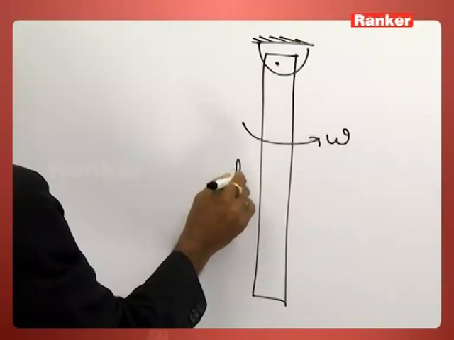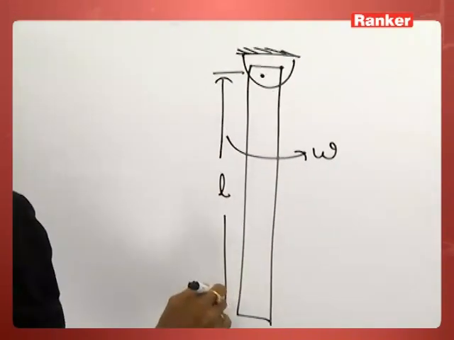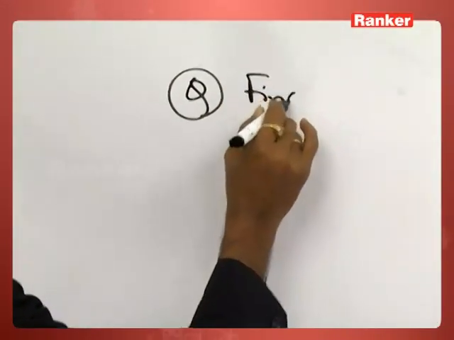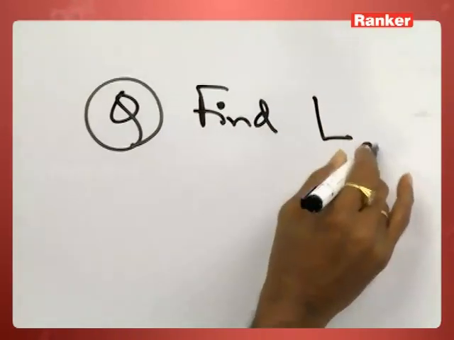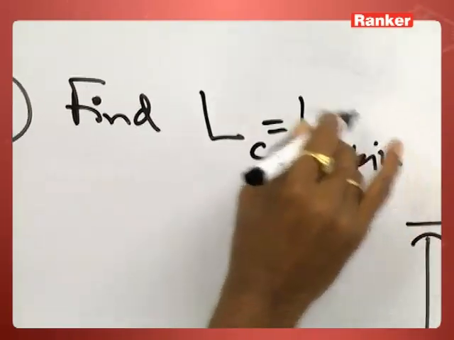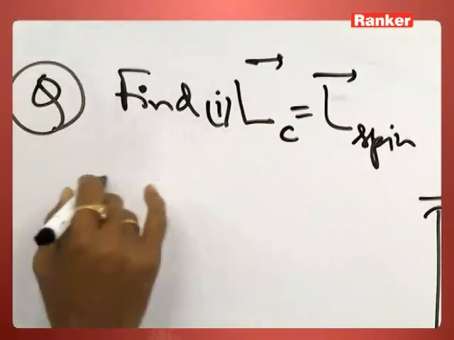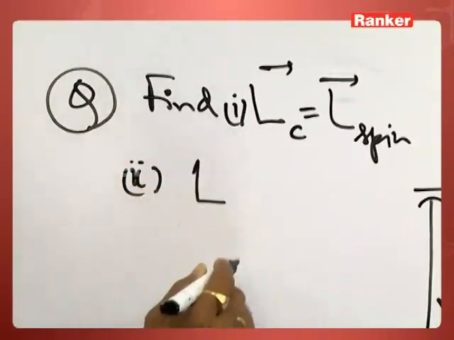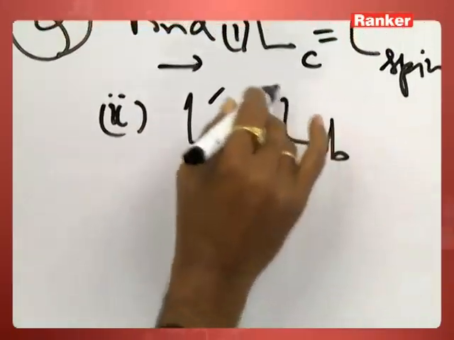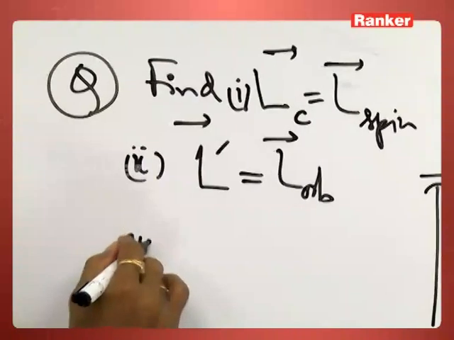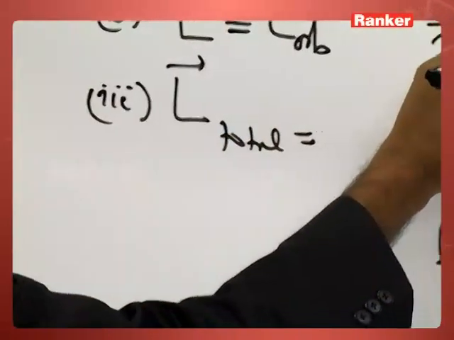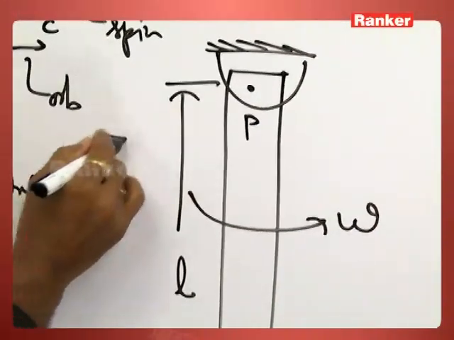Its length is L, mass is M. Find the angular momentum with respect to center of mass, that is the spin angular momentum; the angular momentum of the center of mass L dash, that is called orbital angular momentum; and the total angular momentum about this point P of the pivot.